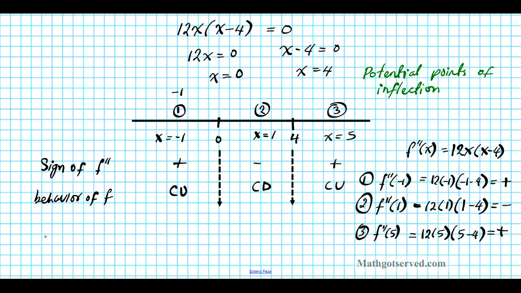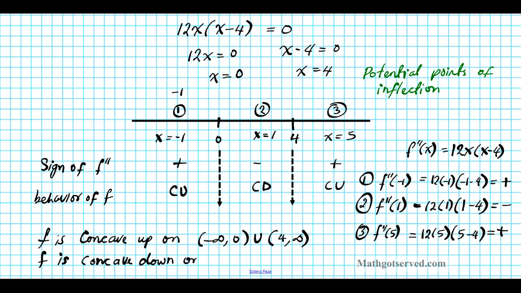For part D, f is concave up on negative infinity to 0, union 4 to infinity. And then f is concave down on the interval 0 to 4.